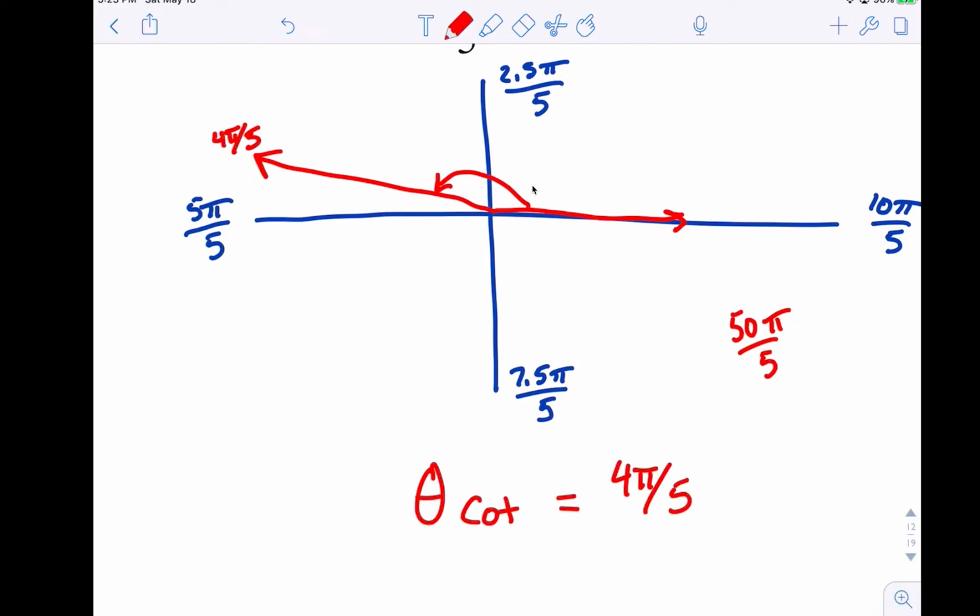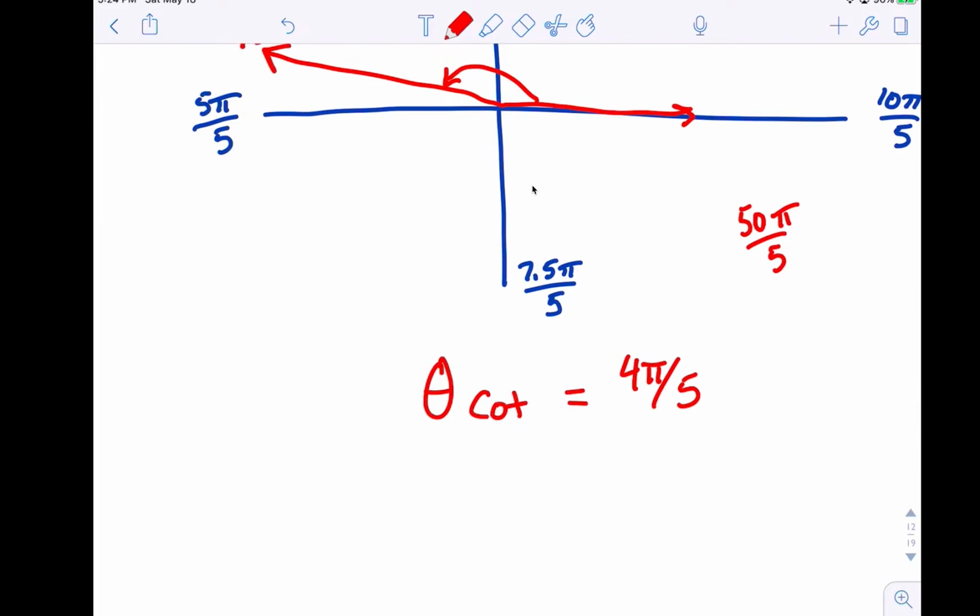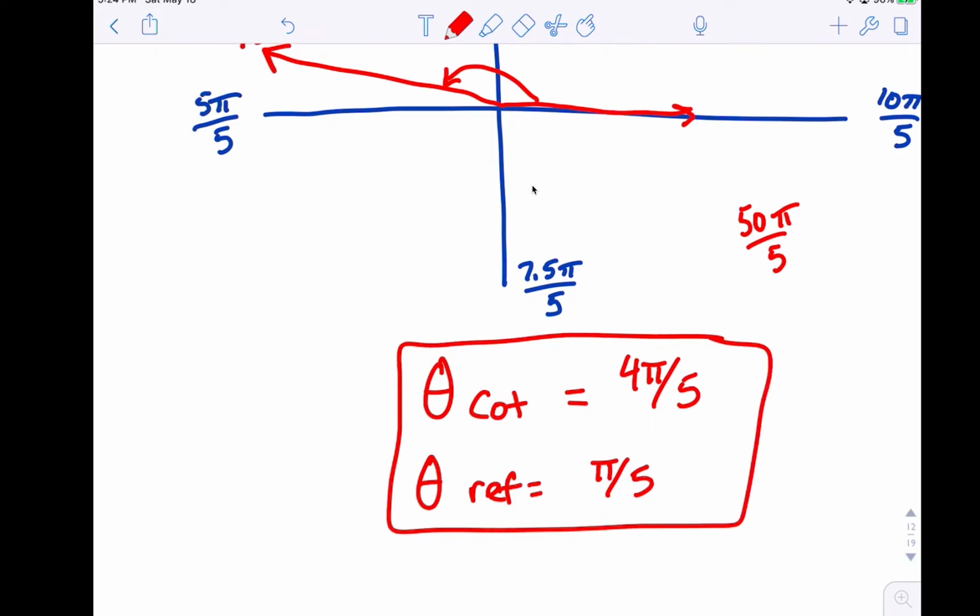And then for your reference angle, how far away is 4 pi over 5 from 5 pi over 5, which is 1 pi over 5. So I think if you guys draw it out, it's probably the easiest way to come up with the answer for that one.